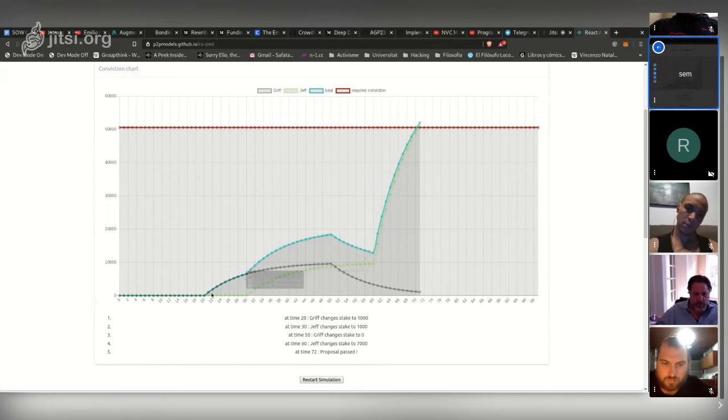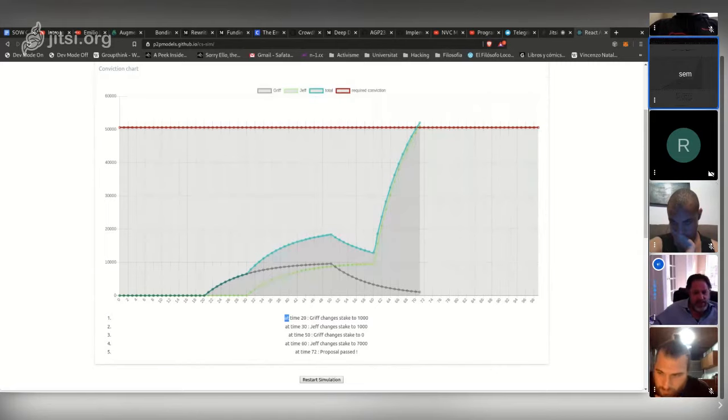It grows, but it doesn't grow to infinity. It is capped at a certain point. Like if you put 1,000, the maximum conviction in this case is 10,000. Okay, I think I completely understand what you showed us. The longer I keep my vote in place, the more power it gets, up to a certain amount.